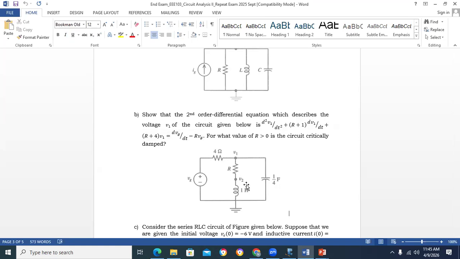Write the equations and identify them correctly, but you need to identify the status of the circuit. Sometimes the circuit may be discharging or charging. That status you need to identify.